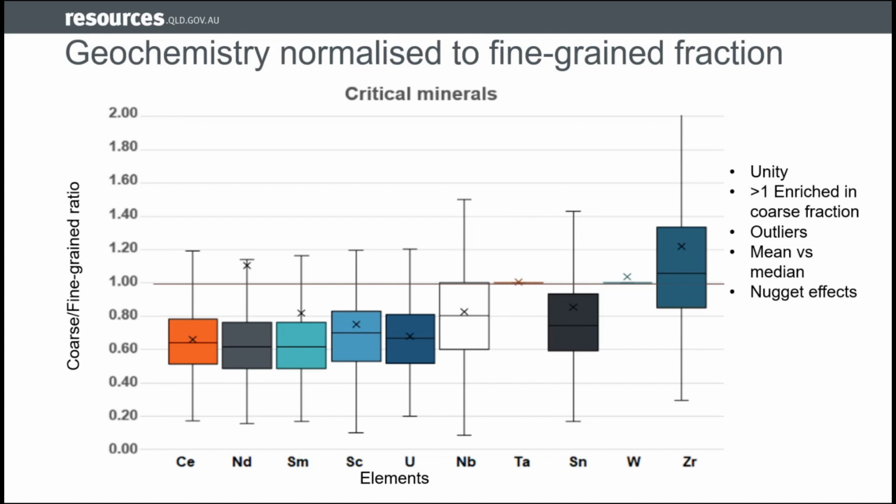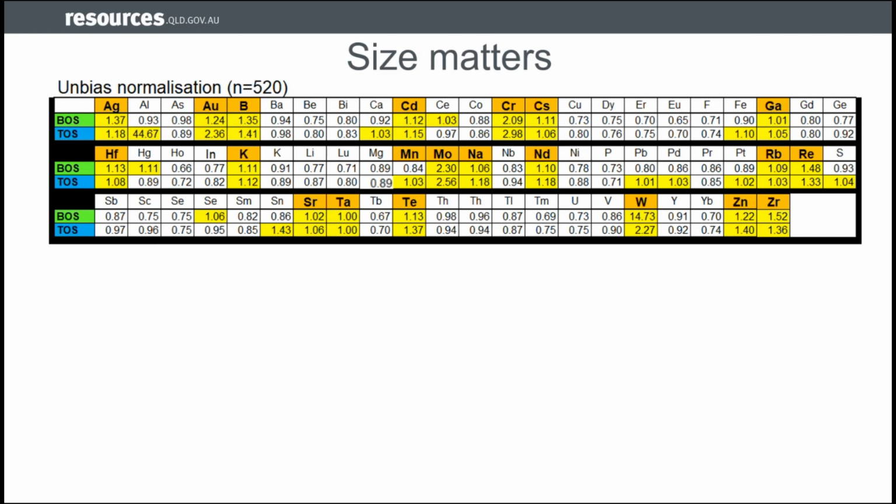When we sum this up as a table, this is what it looks like. What I have here is the ratio for the BOS and the TOS, and on top it just shows the different elements. The elements highlighted in yellow are ones that have preferential concentration in the coarse fraction. The ones above the one, or the parity, are ones that have nugget effect, but in one or the other.